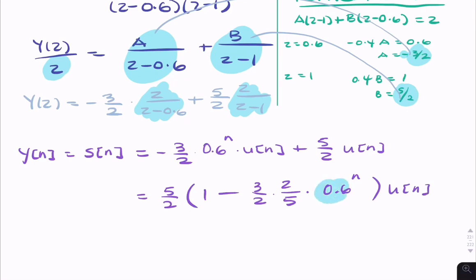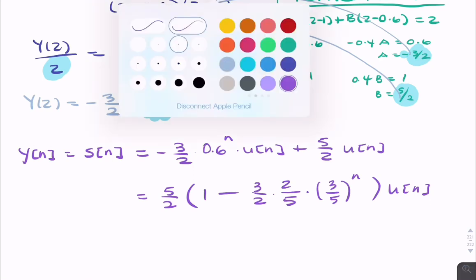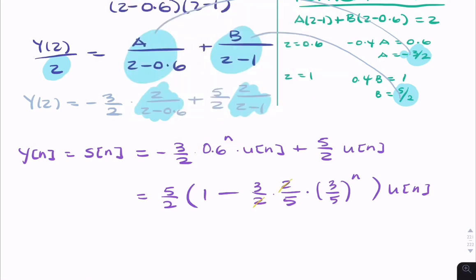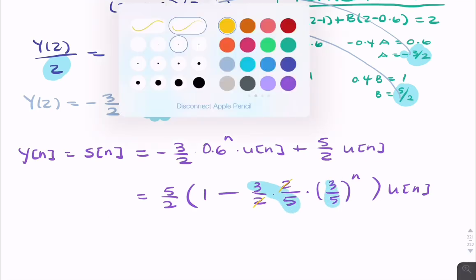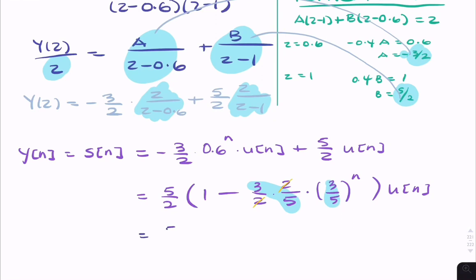And 0.6 is just 3/5, so that cancels with that, and I've got 3/5 there. I can now write my final answer as 5/2 times (1 minus (3/5) to the power n plus 1) u(n). So that is my step response.